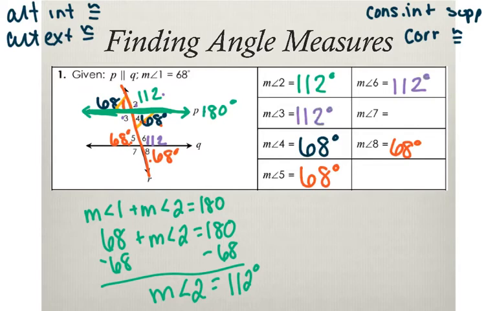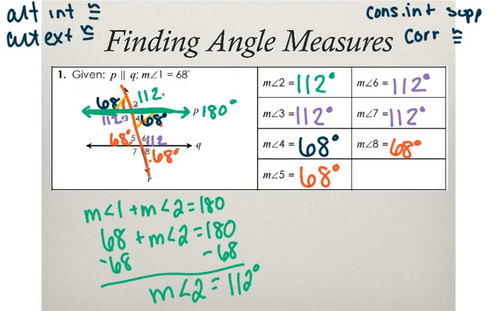And then if I jump to using corresponding again with angle 3 and angle 7, angle 7 would also have to be 112 degrees. So using the 4 different angle types plus one that we learned last class, I was able to solve for all of the missing angle measures. I'm just going to tell you guys right now, it's really important that you know what the positioning is of your angles.